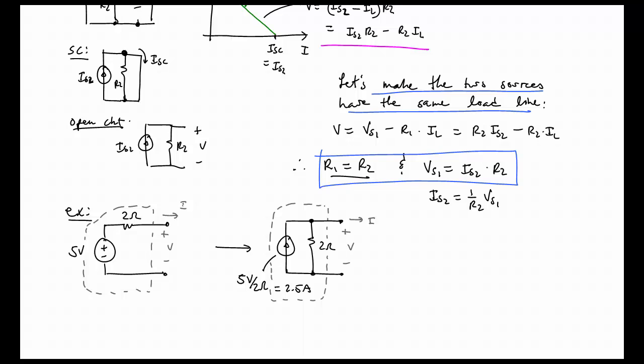In fact, we'll find out very soon that there would be an infinite number of circuits that could be inside that dashed box, which would yield the same load line.